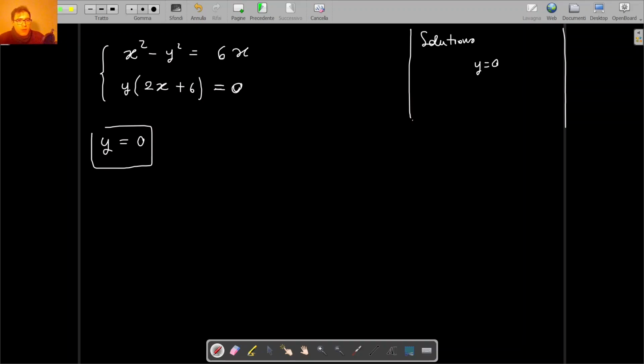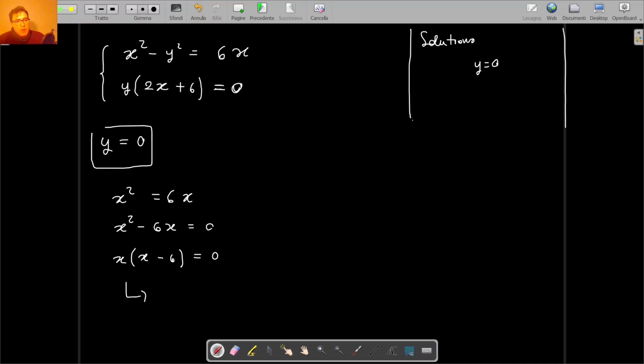Perfect. Then we have to solve this other one, and we have x squared minus y squared with y set to 0, so we only have 6x. We can write it as x squared minus 6x is equal to 0. We can factor out an x and write x, which multiplies x minus 6, and this is equal to 0.